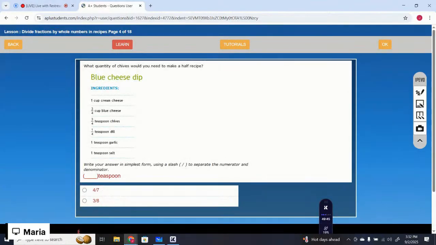What quantity of chives would you need to make a half recipe?